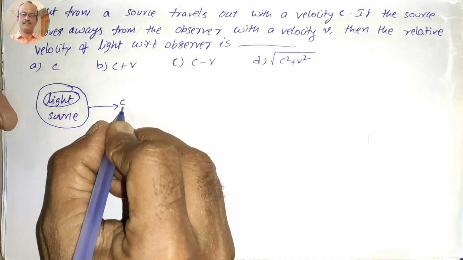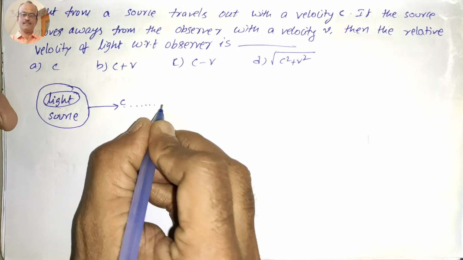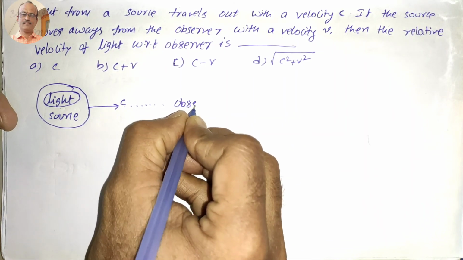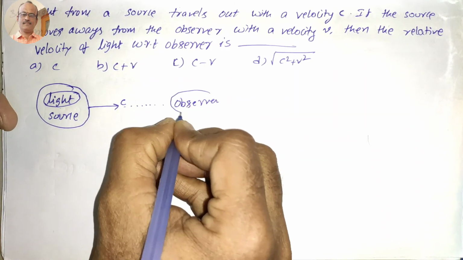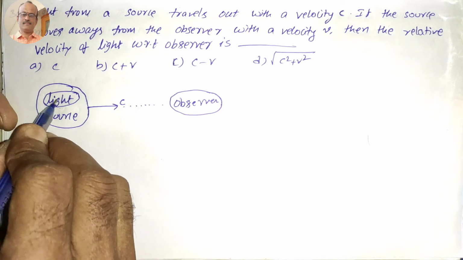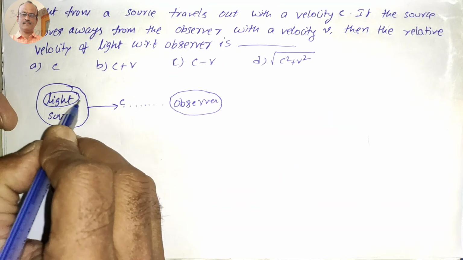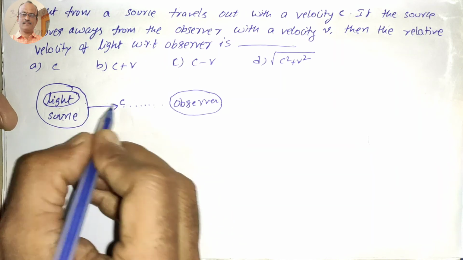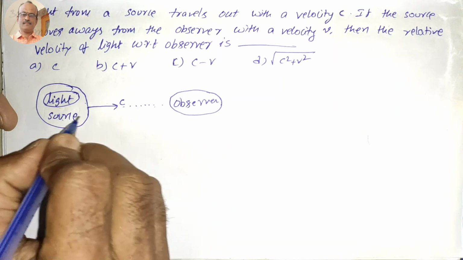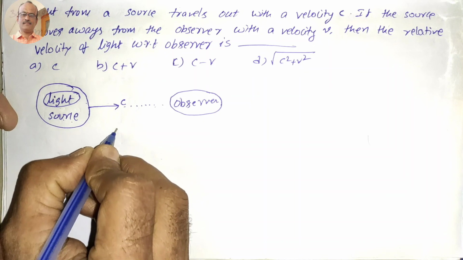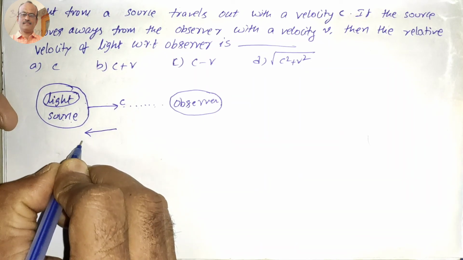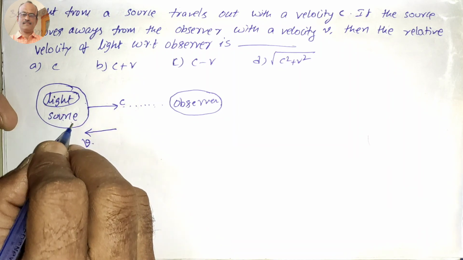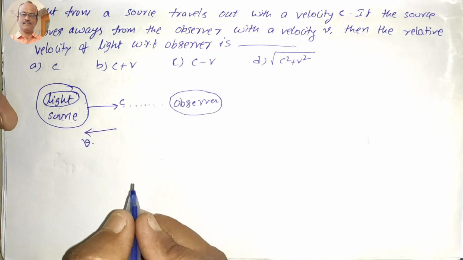Here the observer is there. Once again, light from the source travels out with a velocity c. If the source moves away from the observer with velocity v, then what happens to the relative velocity with respect to the observer?